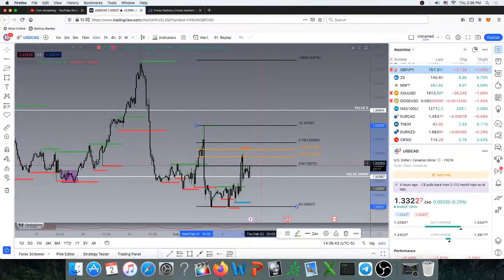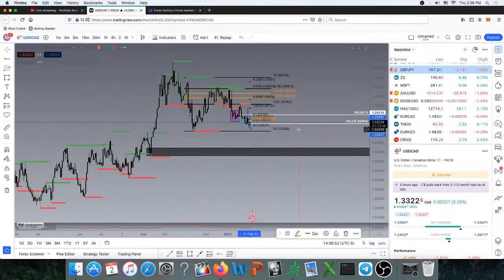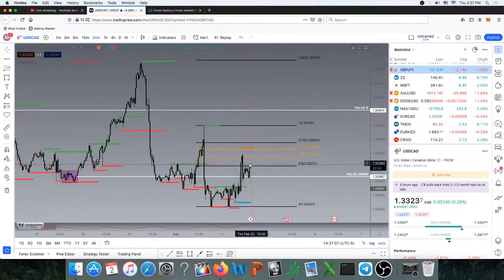This could very well just start tanking again. Let's look back at the daily. We are inside of a daily IOC. But once we hit it here, it already came and reacted. I think this starts to tank again pretty soon.